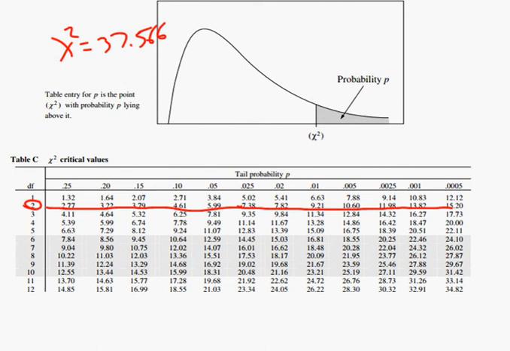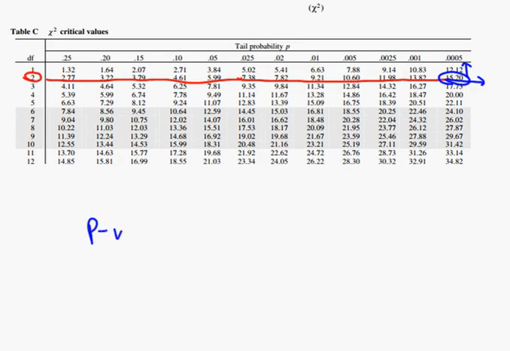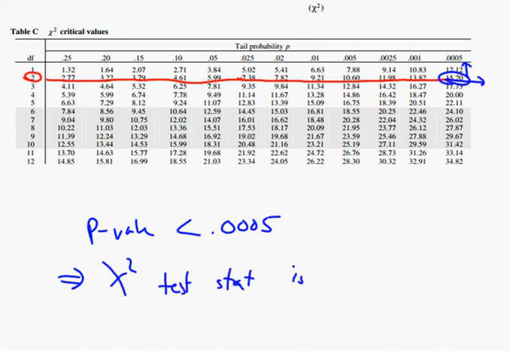So what does that tell us? Well, it tells us that our chi-squared is so far off the table that it's greater than the biggest chi-squared they listed for us. So then we look at the top here, and we notice the tail area of 0.005. That's promising, that this area here is going to be less than 0.005. Well, that's what we know then. We know that our p-value is less than 0.0005. And that implies that our chi-squared test statistic is significant.